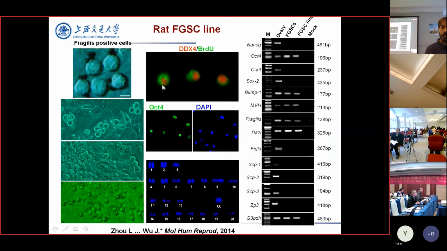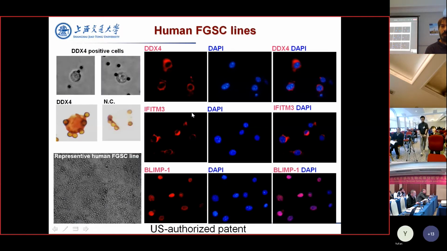We also isolated female germinal stem cells from rats and made rat FGSC lines. For human, we can use very small tissues or tissues from the papilla, isolate FGSC, and make a human FGSC line.